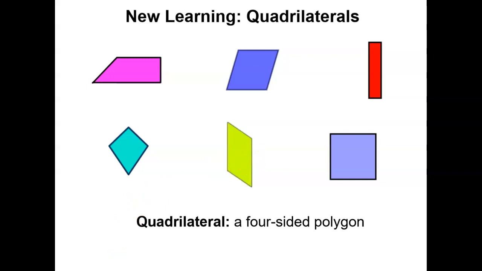Pause the video and write down why all of these shapes are quadrilaterals. Great work! They are all quadrilaterals because all of the shapes on this page have four sides and four angles. Any shape with four sides and four angles is called, that's right, it's called a quadrilateral.